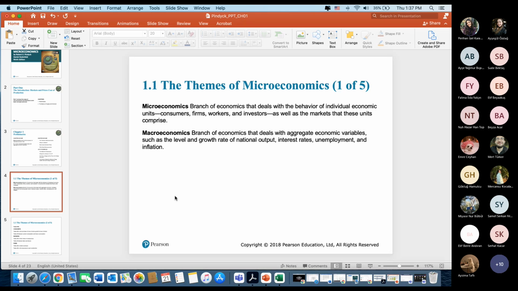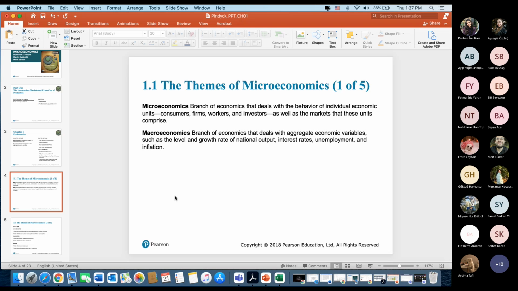This tree is one in the forest. This is an individual, just one firm, maybe one company, one business, one person. Therefore, it is analyzed for just one individual, one company, one business. That means there is microeconomics.